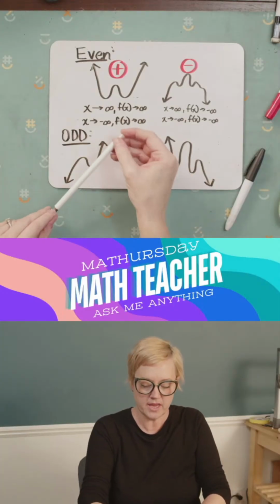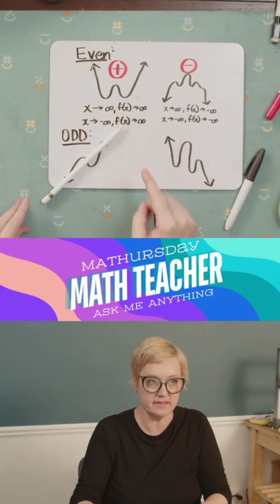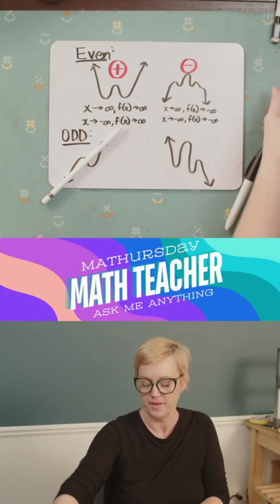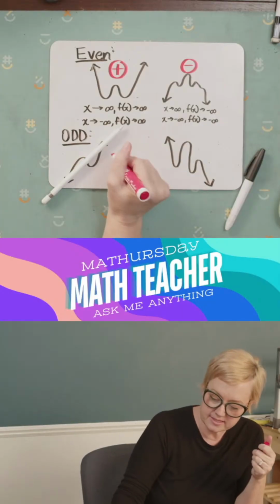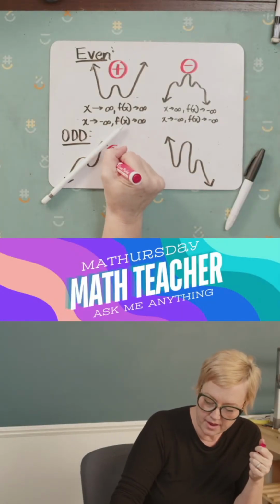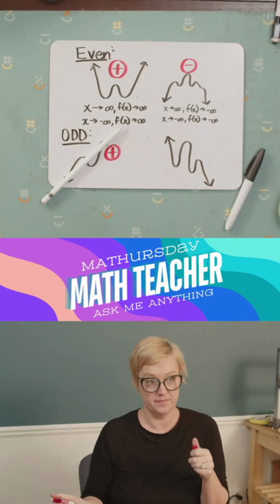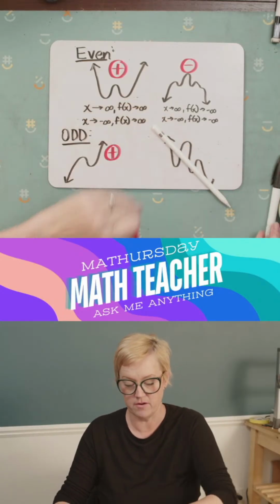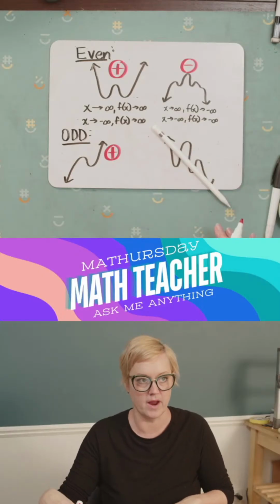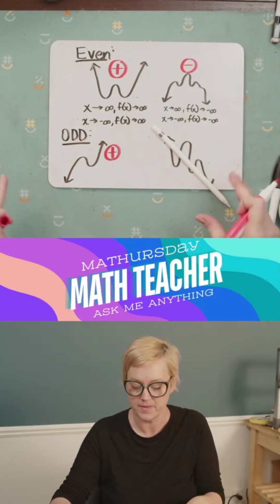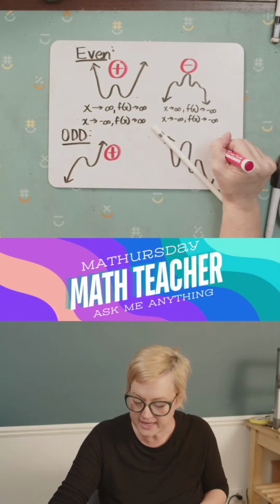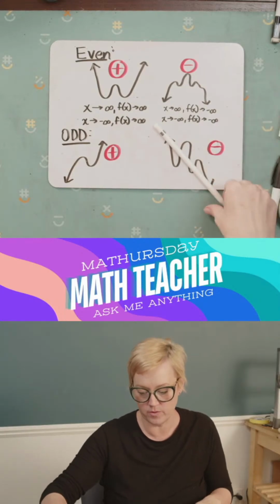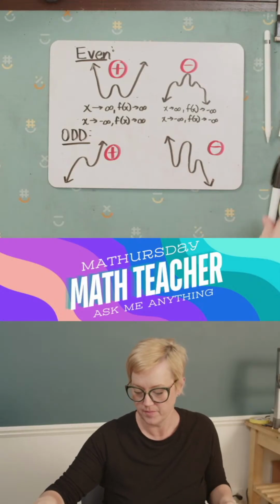Here, if I connect those two ends, the direction of my pencil is a positive slope. So this is odd and positive. Here, I would connect my two arrows. It doesn't matter what's going on in the middle. The end behavior is the end behavior. Here, it's a negative slope. That's a negative polynomial.